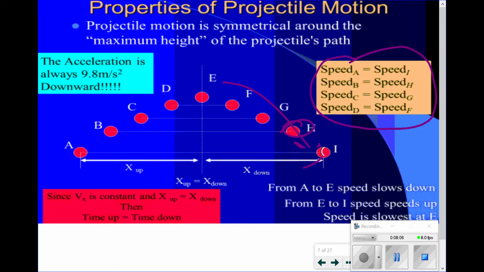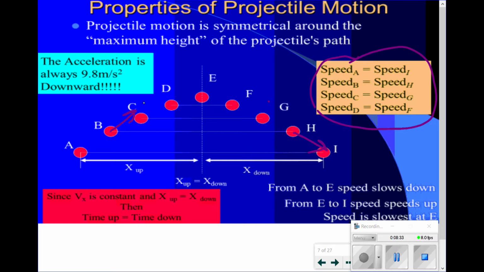Velocity has a direction as well as a magnitude. If I take a look at B and H, B would definitely be moving in an upward angle direction. H is in a downward angle direction. So they definitely cannot be the same velocity. But the magnitude of the velocities, or the speeds, will in fact be the same.